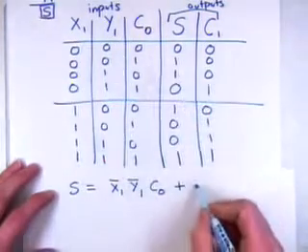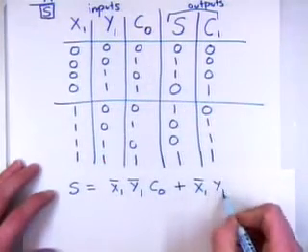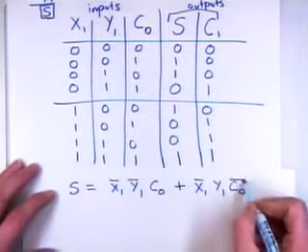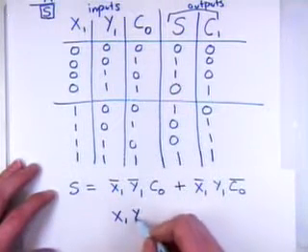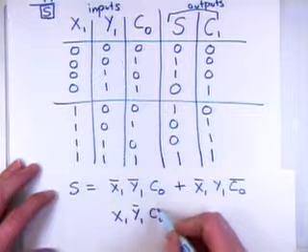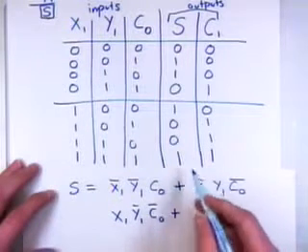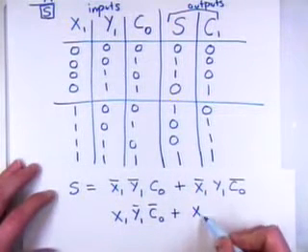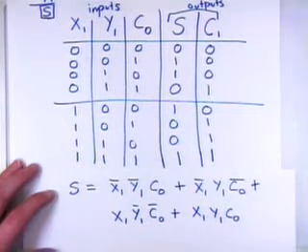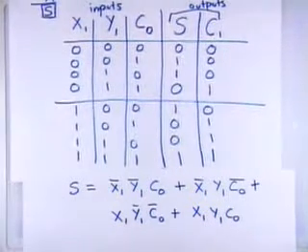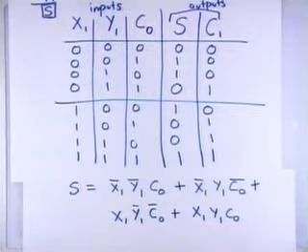It has a 1 in the next case where x1 is false, y1 is true, and c0 is false. It also has a 1 where x1 is true, and y1 and c0 are false. And the last one, it has a 1 when all 3 of them are true. So I should have 4 minterms because I have 4 1s in my column for S.